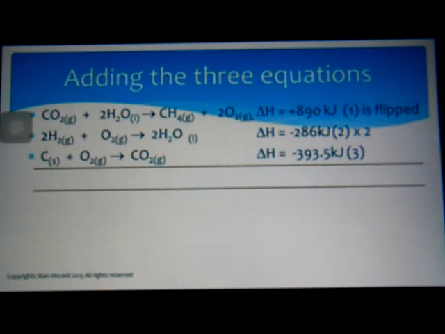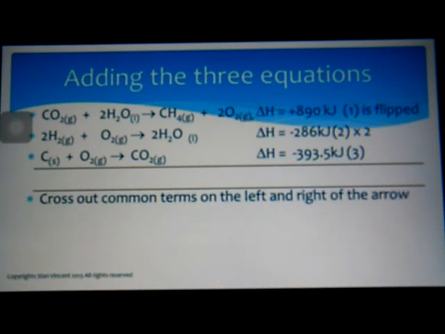So let's look at common compounds on the left side of the reactant and the right side. Carbon dioxide on the left, we have 1 mole. Carbon dioxide on the right, there is 1 mole. So we have cancelled that, crossed it out. 2 moles of water on the reactant side, 2 moles of water on the product side, that's cancelled out.